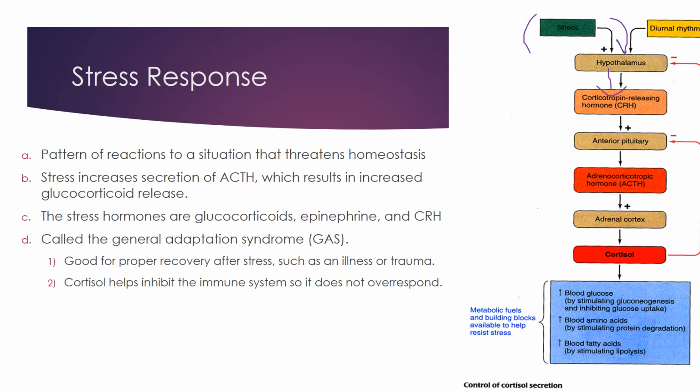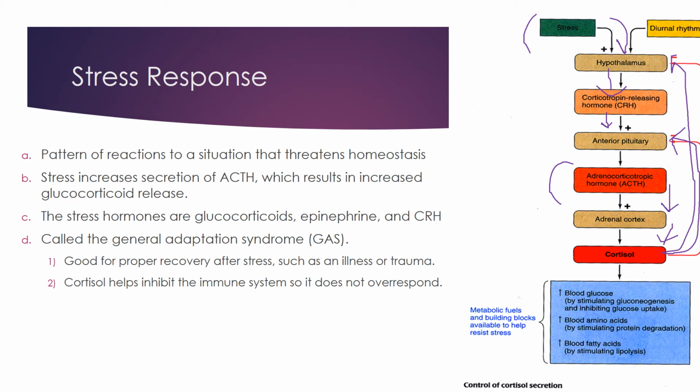This will then influence the anterior pituitary gland to secrete adrenocorticotropic hormone, which will further increase the amount of hormone produced within the adrenal cortex to make cortisol. This will continue until we have high levels of cortisol circulating within the bloodstream, and then that will start to inhibit either the anterior pituitary gland or the hypothalamus.